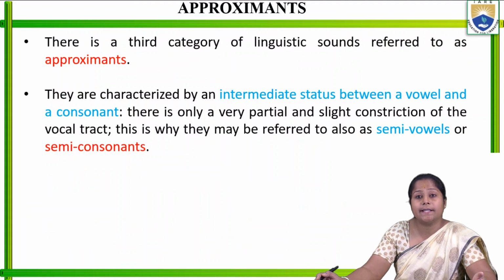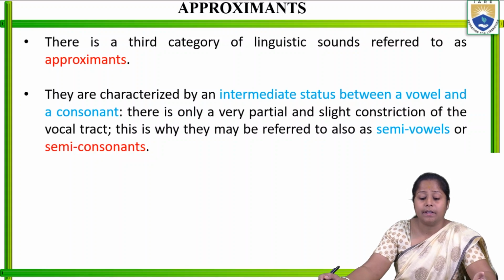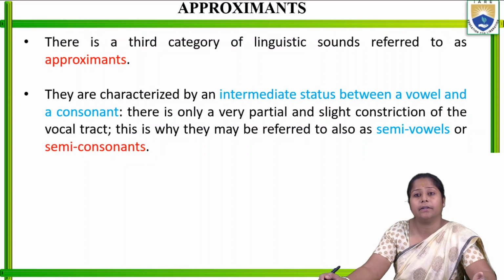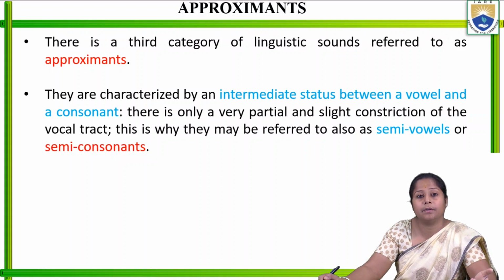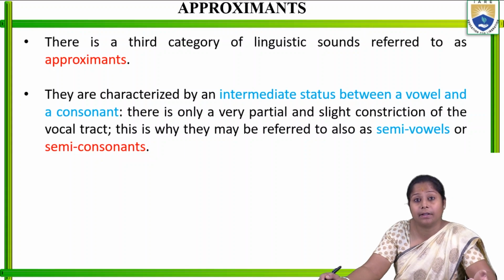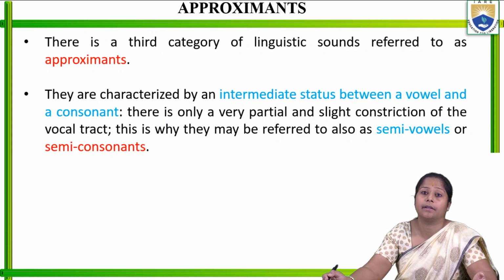Approximants are a third category of linguistic sounds. They are categorized by intermediate states, between a vowel and a consonant. Whenever we lack clear vowels and consonants, this type of approximant comes in this category.